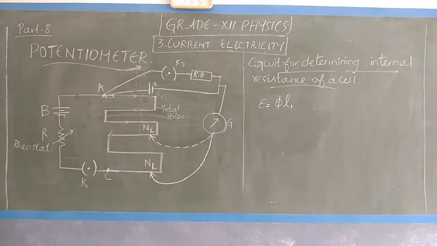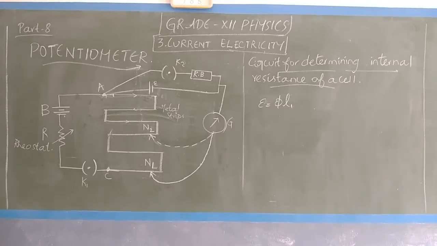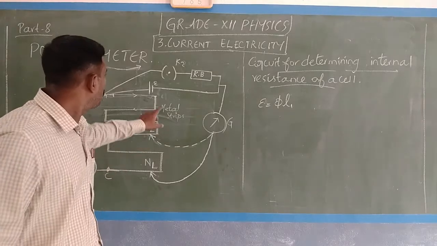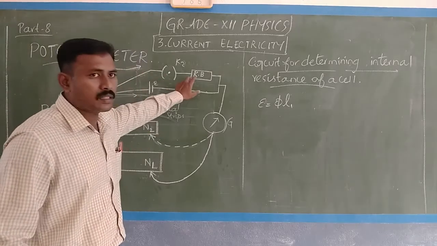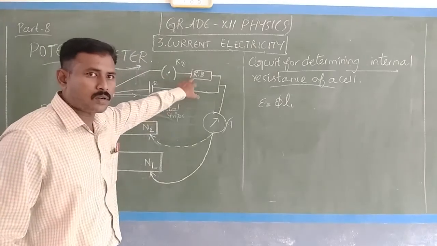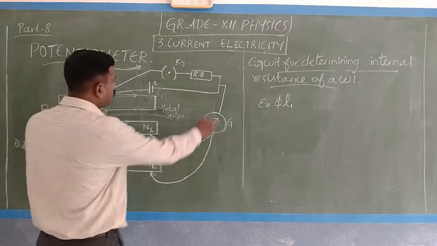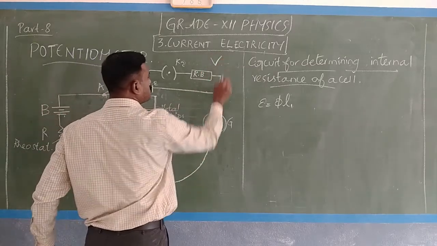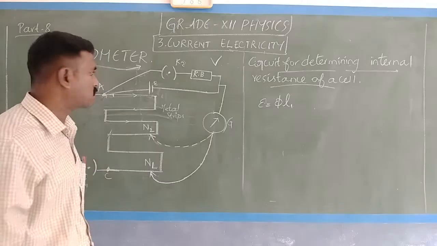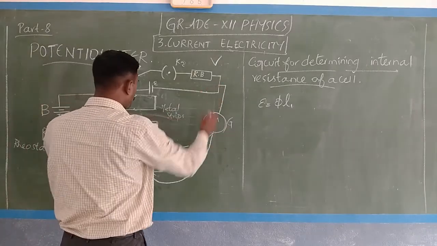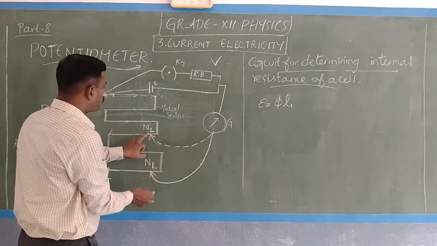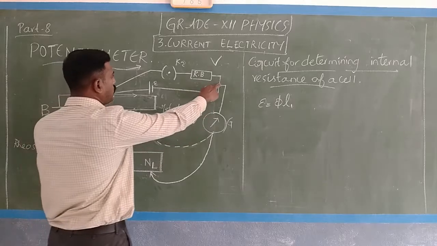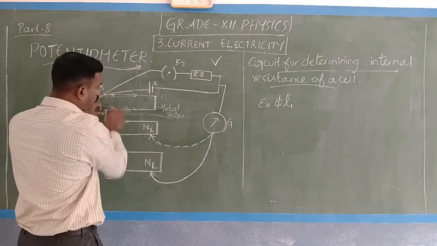Due to the flow of current there will be a voltage drop, and a terminal voltage between these two points. We call it V. V is the terminal potential difference, and that is the same across this. Now V will be equal to the potential from A to N2.